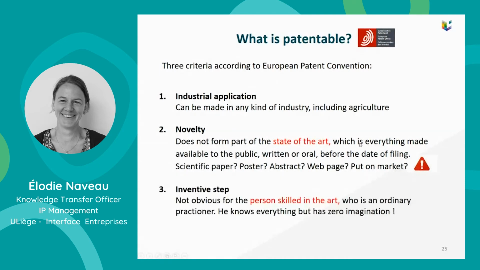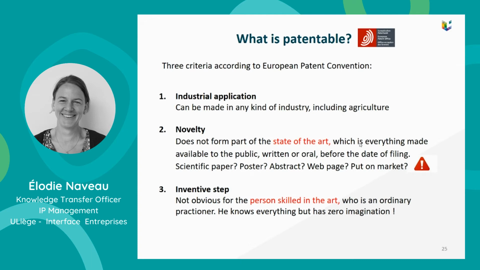And the third criterion is the inventive step. Inventive step means that it should not be obvious for a person skilled in the art. And the person skilled in the art, how is it defined? It is someone that knows everything he should know in the field, but he has zero imagination.